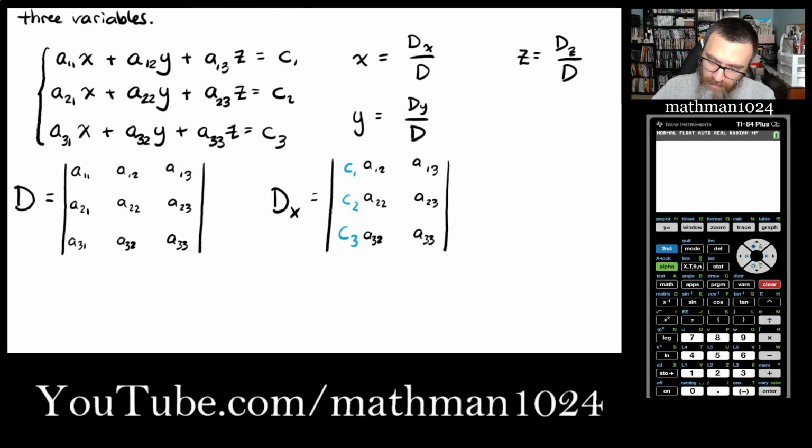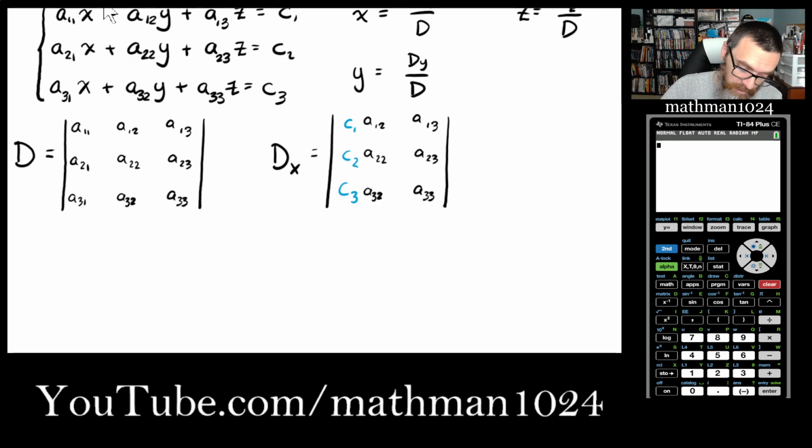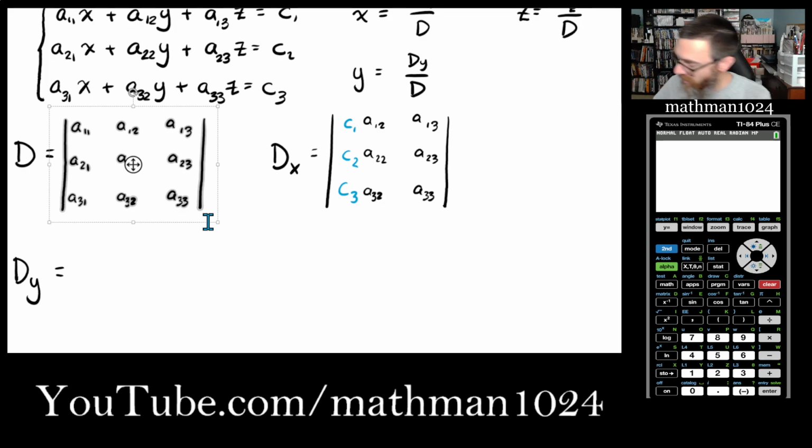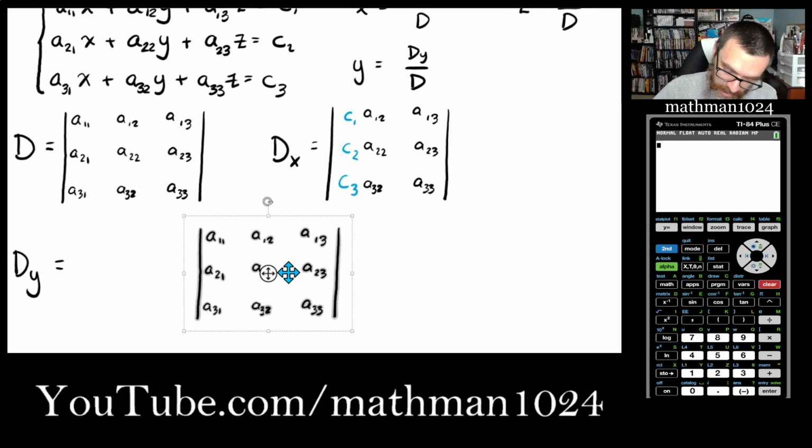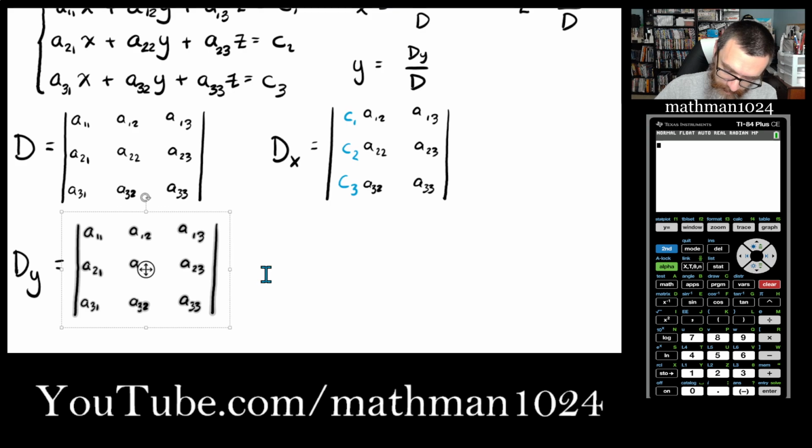Well, what about for dy? Well, dy is going to be, yes, that's right, work smarter, not harder. If I copy this, then I would erase all the stuff there in the middle, because that's where y would be, and I replace that with C1, C2, C3.